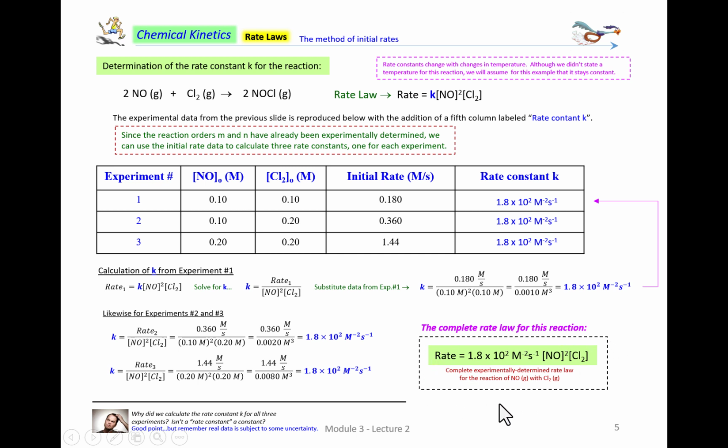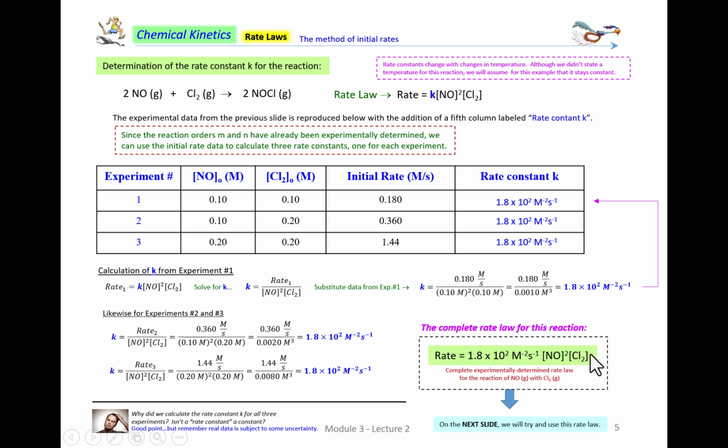Rate equals 1.8 times 10 squared, M to the minus 2, s to the minus 1, times the concentration of NO squared times the concentration of chlorine to the first power. We've determined the rate law for this reaction. We've determined how rate depends on the concentrations of the reactants.